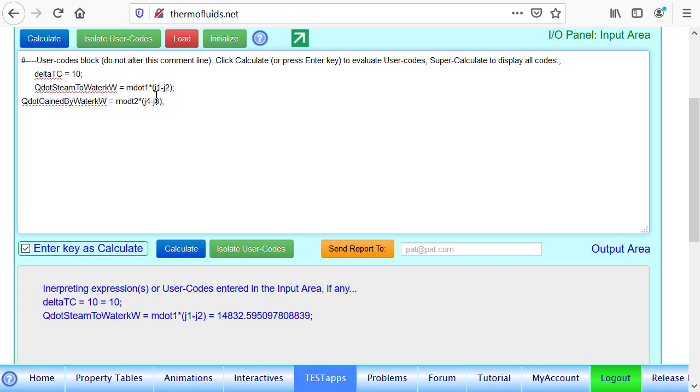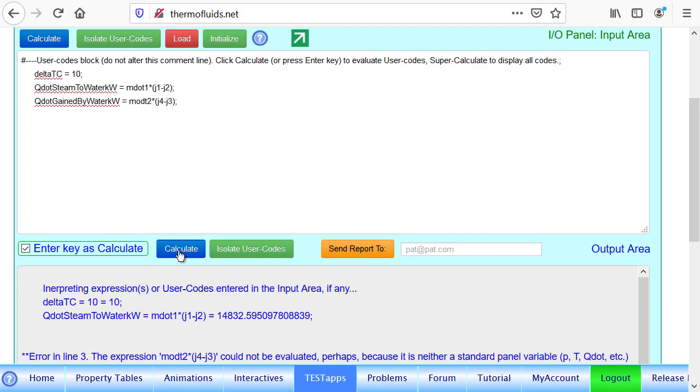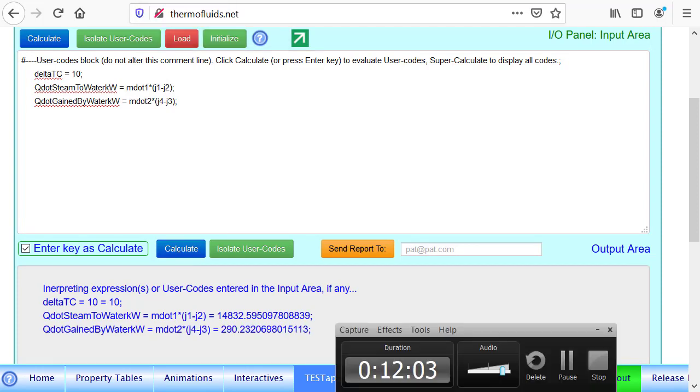J4 is the exit state, J3 is the inlet state of the liquid water that is circulating. So the heat gained should be that much, and we know heat lost by the steam should be exactly equal to heat gained by water, because the heat exchanger is insulated. So let's see if we are correct. If you're correct, we made a mistake somewhere here.